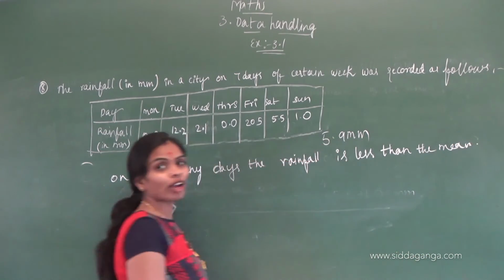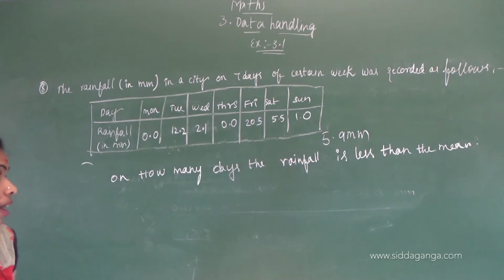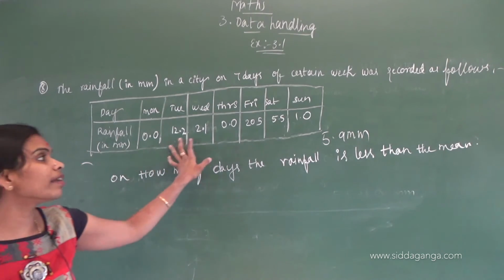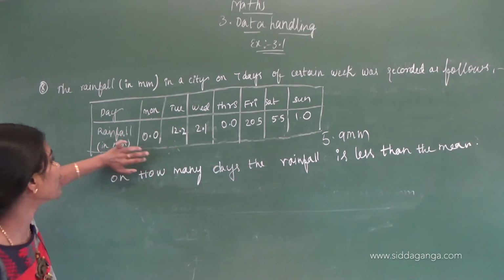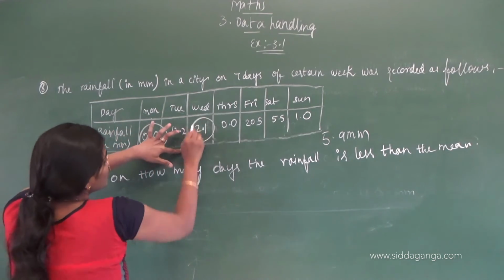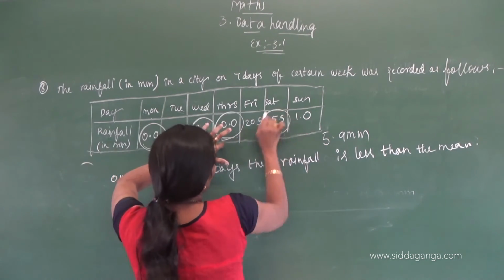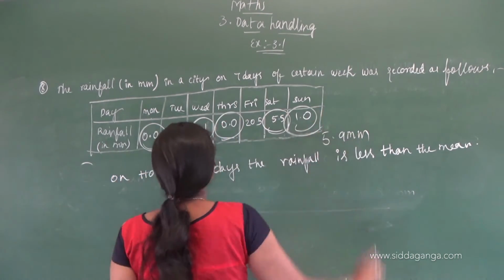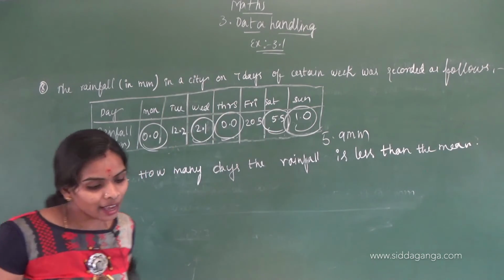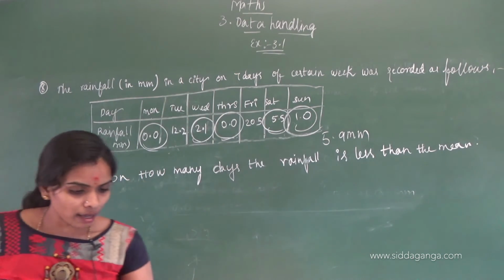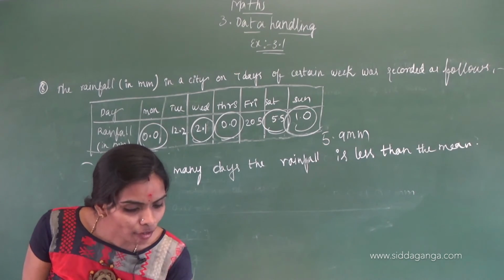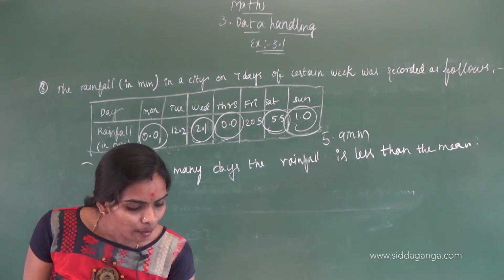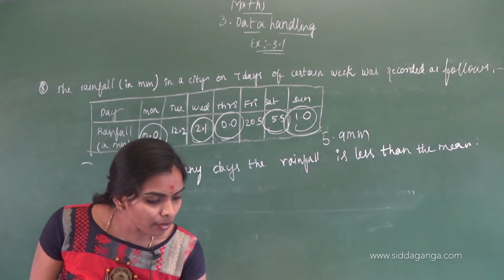This is lower, this is lower, this is lower, and this is lower. Except Tuesday and Wednesday, all are below the mean of rainfall.